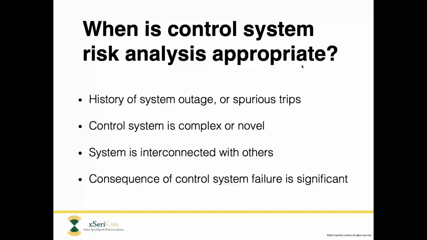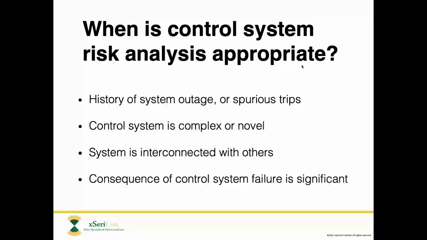So when do we think that it would be worth doing some kind of risk analysis or upset analysis on the control system? Well, my suggestion is that if we have a history of problems or a history of spurious trips or system downtime that may be caused by issues in the control system itself, that's an indicator that we need to do a more in-depth study.